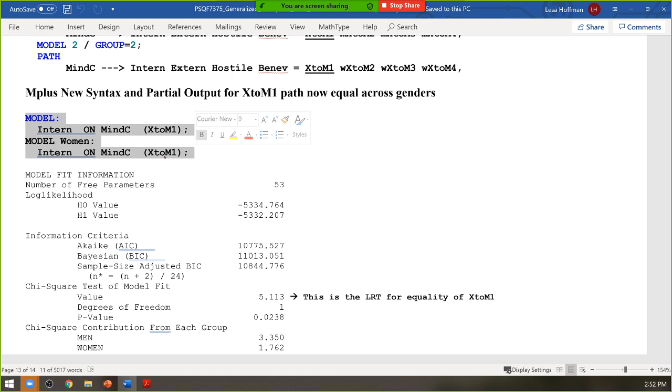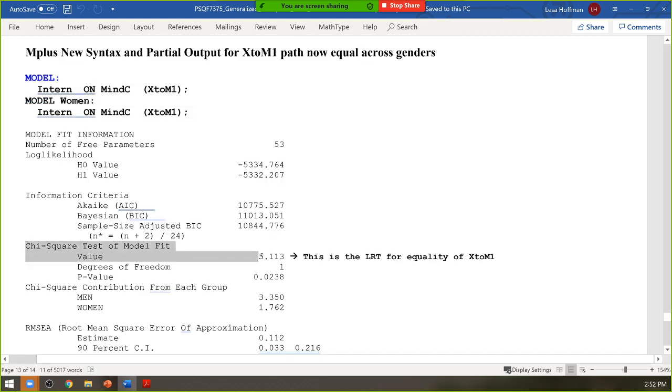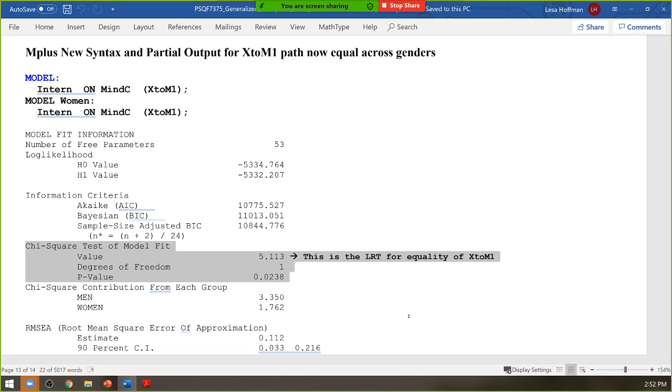It's forcing the X to M1 path to be the same. And so then the end result of that is that I have given back one of my degrees of freedom by saving one path, making the two paths to be the same. And so then that is the chi-square test for whether or not that path can be constrained across groups without hurting model fit.